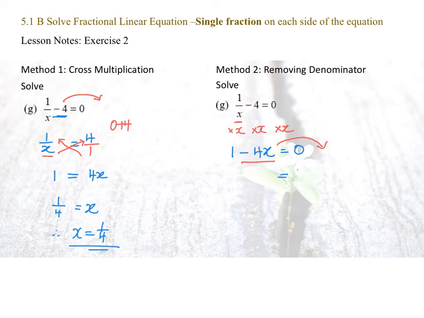And this will be positive 4x, and here will be 1. So similarly, x will be equal to 1/4. Answer. Please try the next few questions on your own before you check the video for the answers.